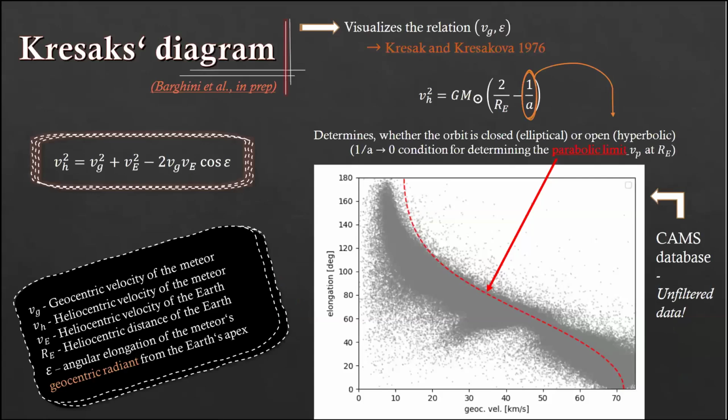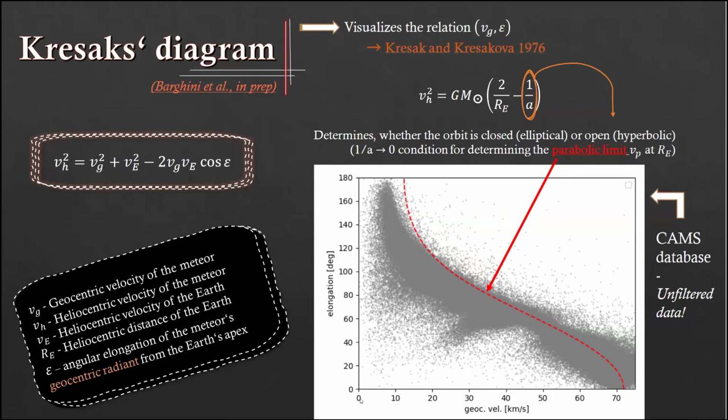For this, we will use what my colleagues and I call Kresak's diagram. The idea came from the Kresak and Kresakova paper from 1976, and I visualized it using the CAMS database. I need to stress that this is unfiltered data, so some things are very nice to show in it.